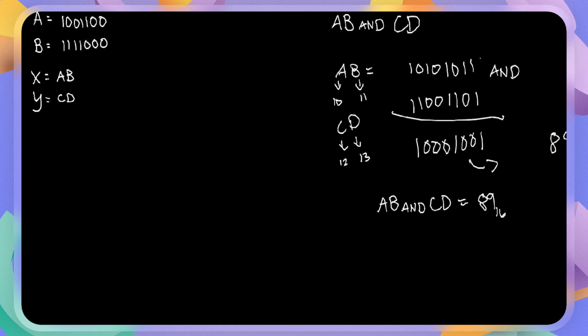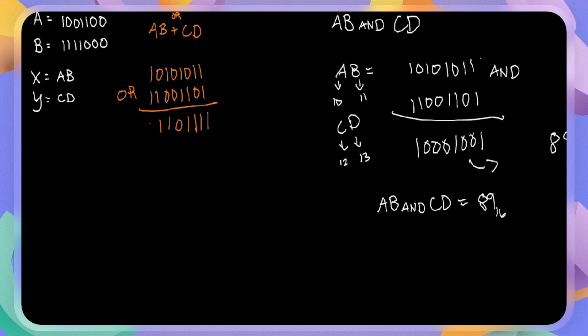And the process is also the same if it was an OR gate. AB plus CD. Remember, the plus just stands for OR. And we already have our values here, so we can just copy that. So again, bring down the 1, 1, 1, 1, 0, 1, 1, 1. Then we just convert that back.